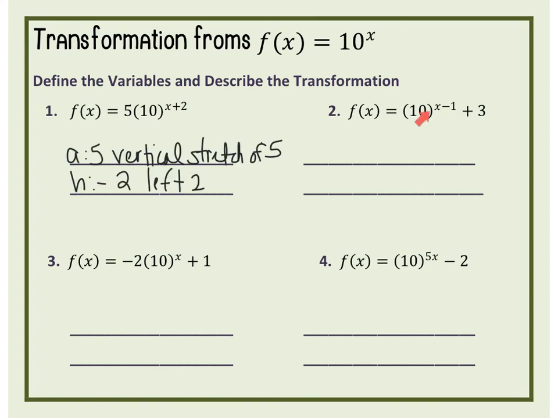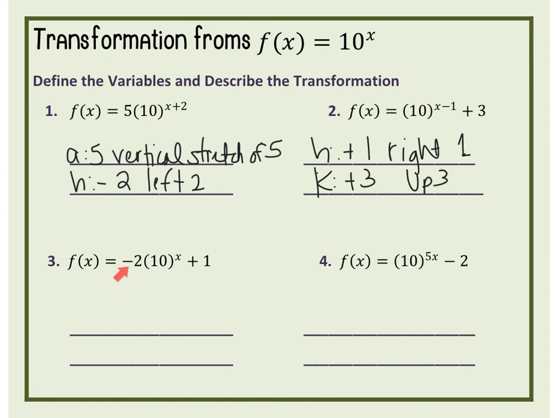For the next question, so H is going to be in the exponent, so this graph is going to go to the right 1. And the +3 is K, means the graph is going to go up 3. Okay, so H is +1, right 1. And K is a +3, so the graph is going to go up 3.